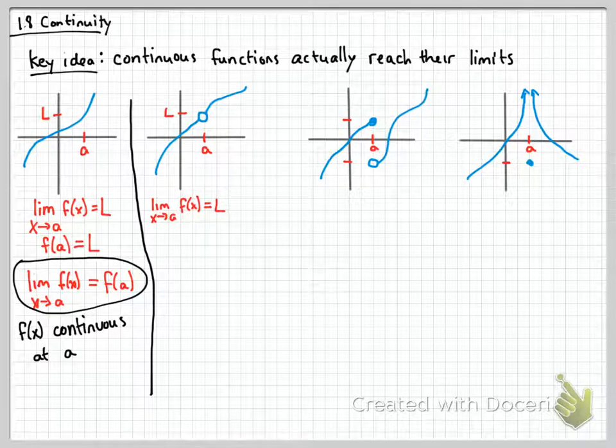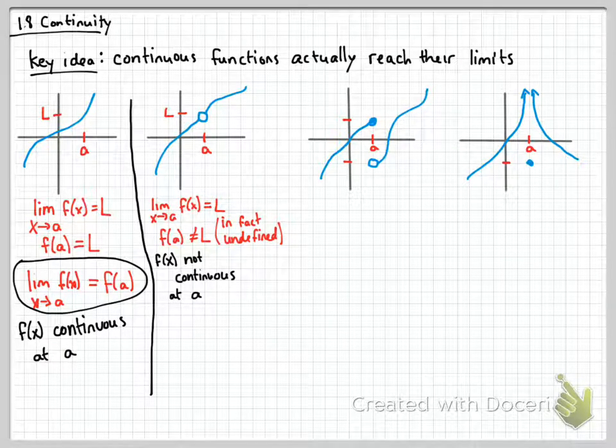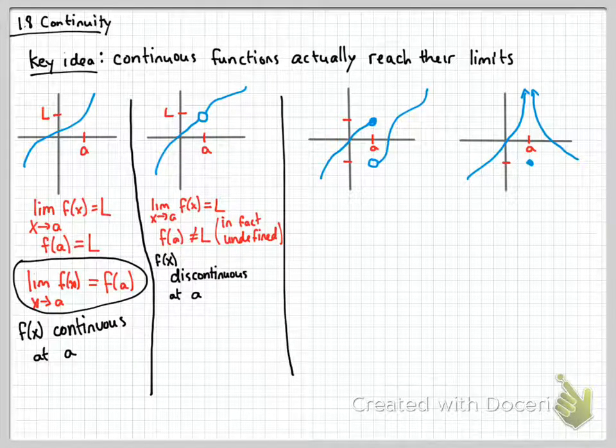As x heads towards a, the y values head towards L. But in this case, it doesn't get to L. f of a is not L. In fact, f of a is undefined. So we don't get the limit equals the value, and that means f of x is not continuous at a. And just because we're weird like this, usually we don't say not continuous, we say discontinuous. Means the same thing.